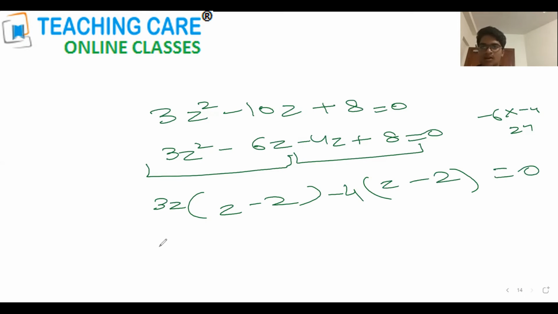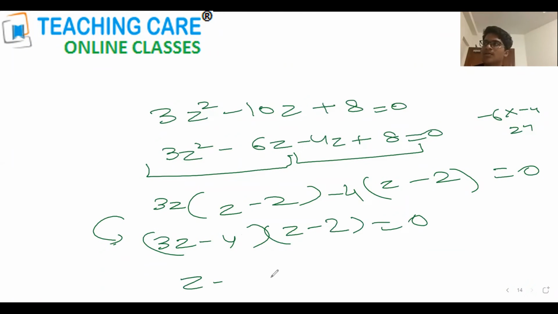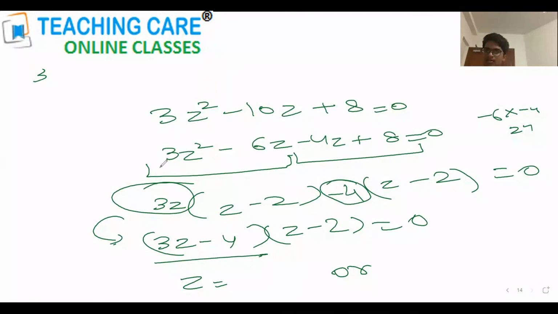Perfect. 3z minus 4 and z minus 2. Wait, for the first one, how do you do 3z minus 4? You only told me 3z minus 4. 3z from here and minus 4 from here, no?